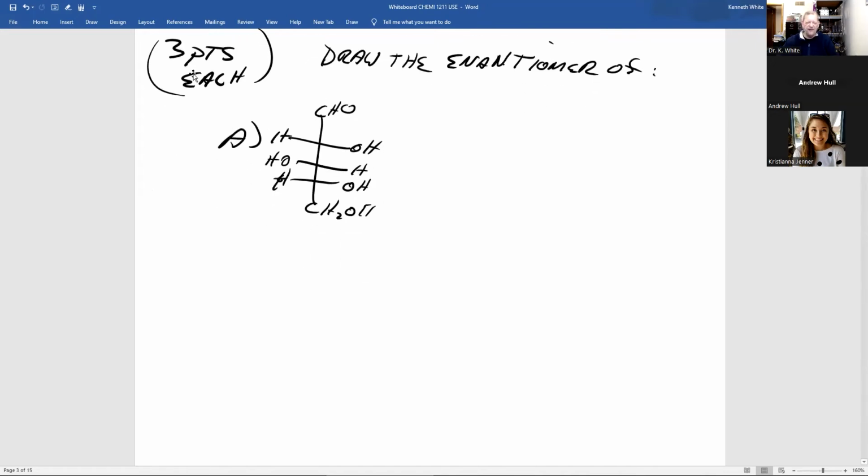And here's one for you. Draw the enantiomer of that molecule. I'll actually give you two of them.